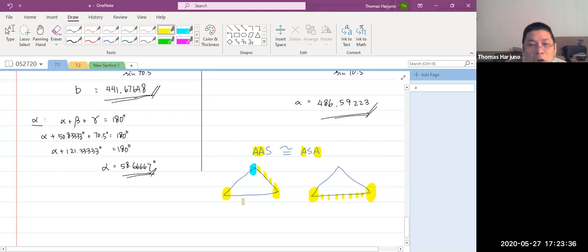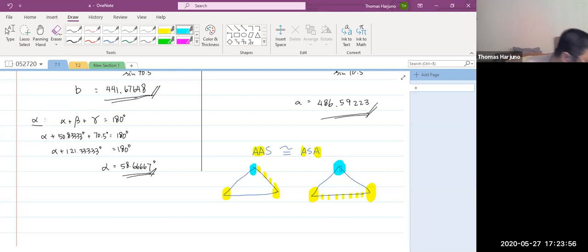Now, what I said earlier is, if we know two angles, then you know the third angle. So suppose I know these two angles here, then I will be able to find this angle by using the sum of interior angles is 180 degrees.